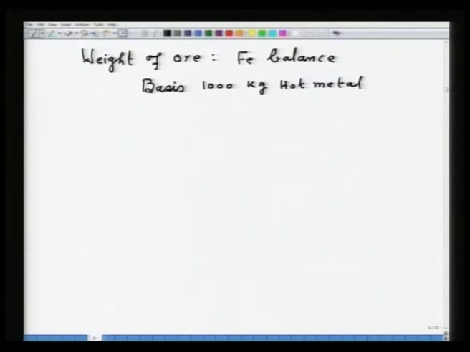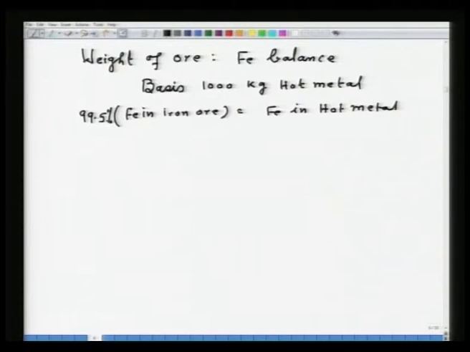Now, if we make iron balance, we have noted in the problem that 99.5% of iron in iron ore is equal to iron in hot metal.